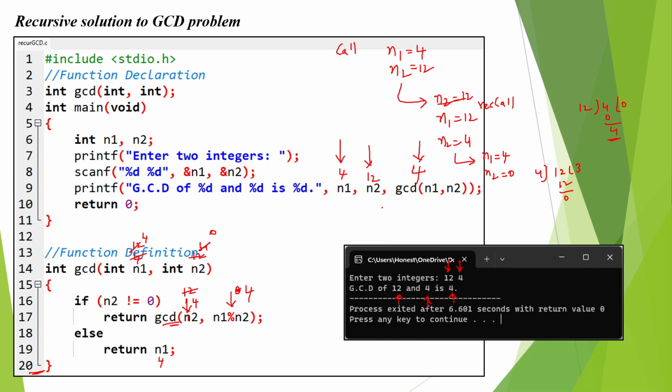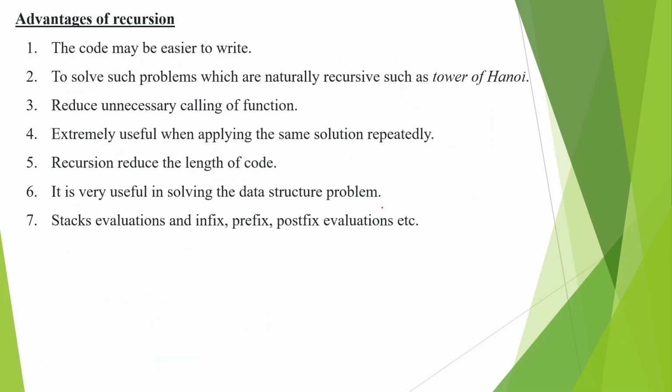Okay, so then we see the advantages of recursion. The code will become easier to write because less code we have to write. There are certain problems that only through recursion we can solve, like towers of Hanoi. To solve this towers of Hanoi, we need to depend on recursion only.